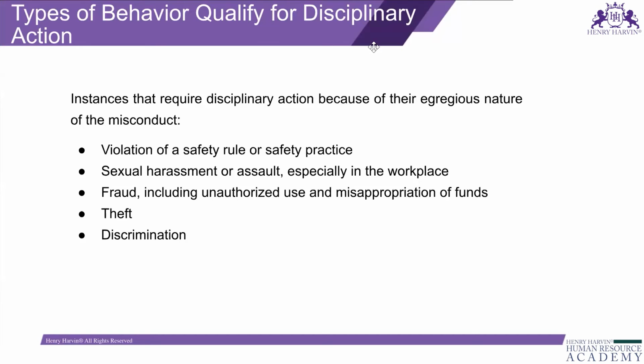So first is violation of safety rules and safety practice. Violation of safety rules and safety practice means, for example, the employee is working with machinery. So if an employee is working with machinery, they have to wear safety goggles, safety gloves, and safety boots.